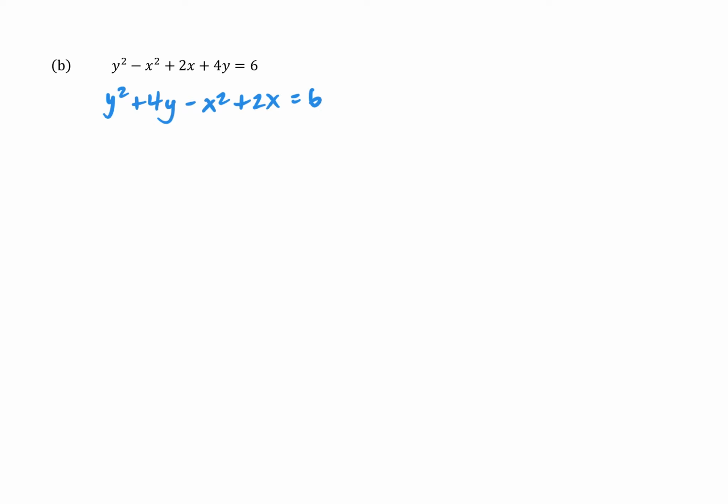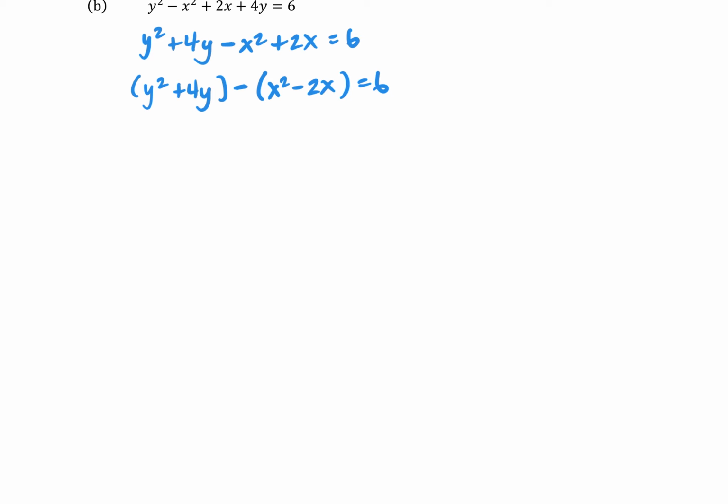And then we have our 6 is already by itself. So I'm going to group my y's and be very careful because of this subtraction. I'm factoring out a negative from the x squared plus 2x, so the x squared minus 2x. So there's a caution there.